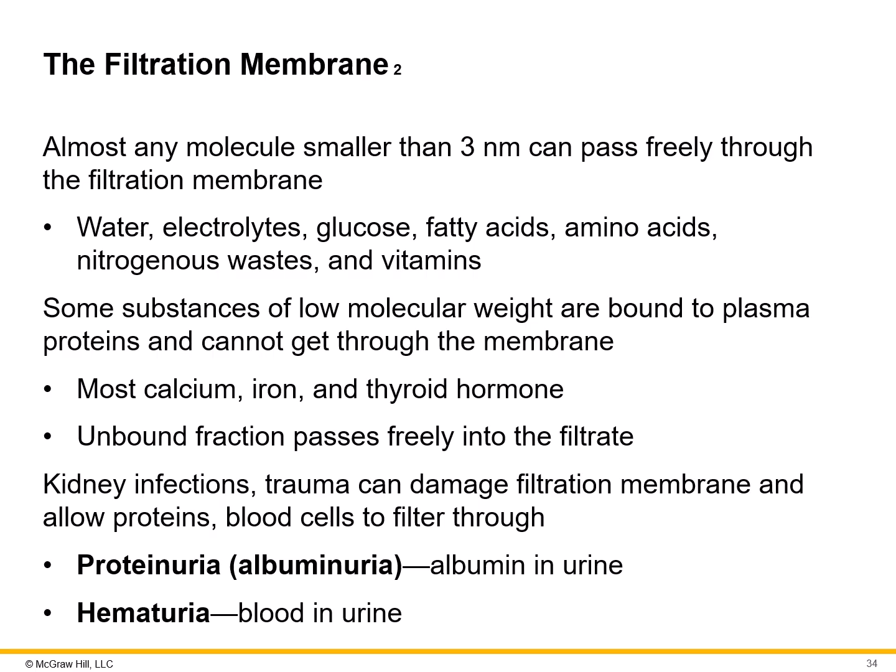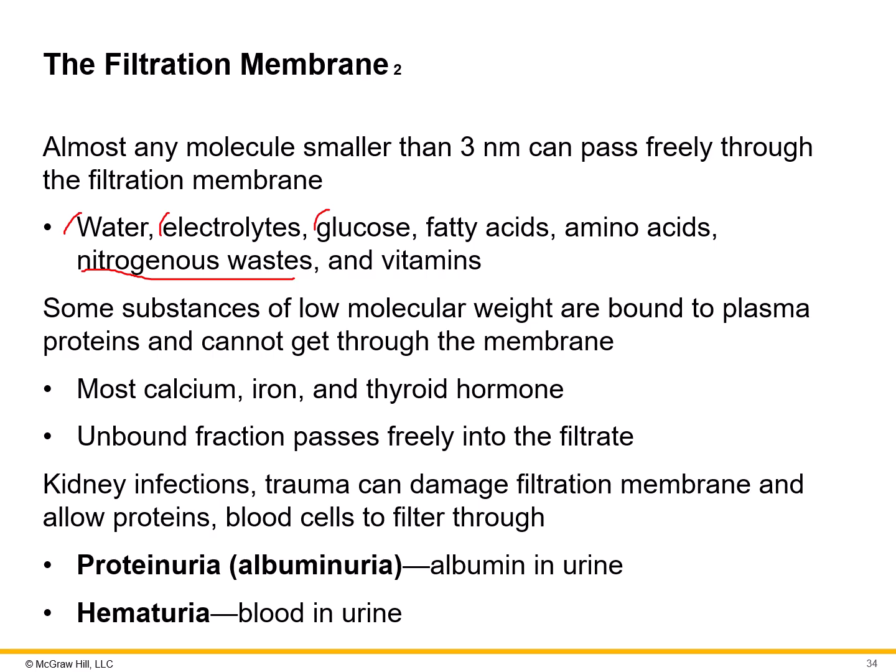All of these can make it through that filtration membrane. And some of this is good, right? We do want our nitrogenous wastes to make it out, but we don't necessarily want glucose or electrolytes or water making it out. Just depends on the needs of the body. So that's where the reabsorption comes back in. We need to bring some of that stuff back into the blood a little bit later on.